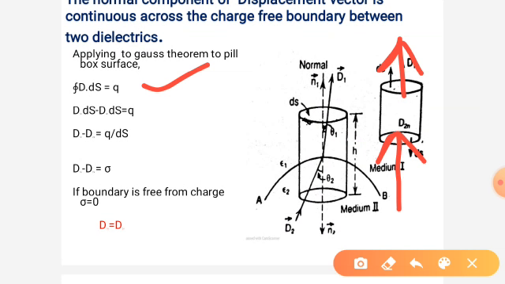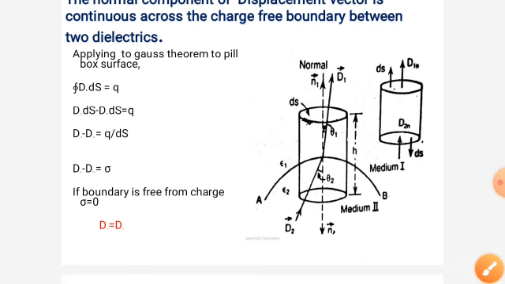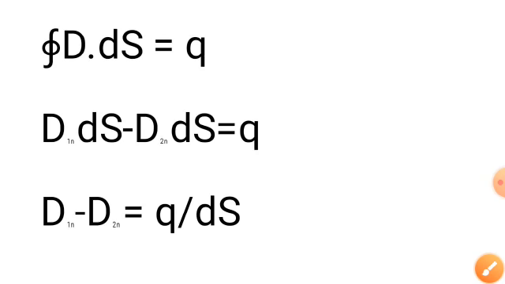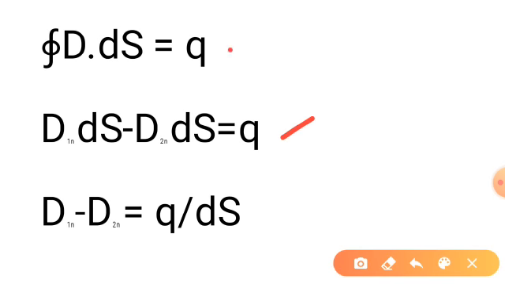So it becomes D1n ds minus D2n ds is equal to q. Why? Because here minus indicates both are in opposite directions.